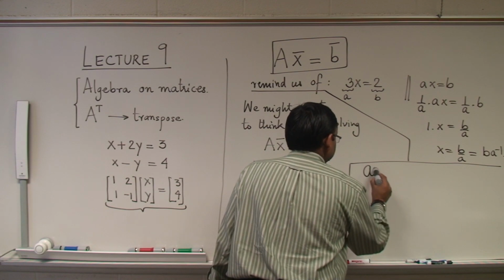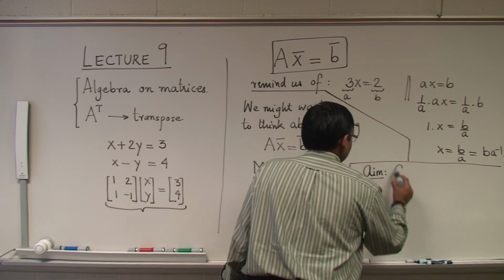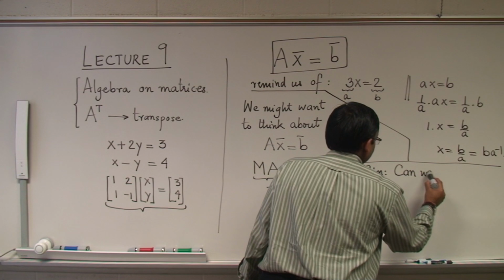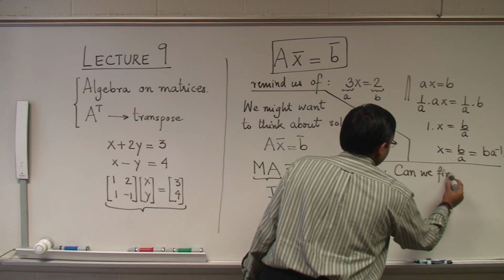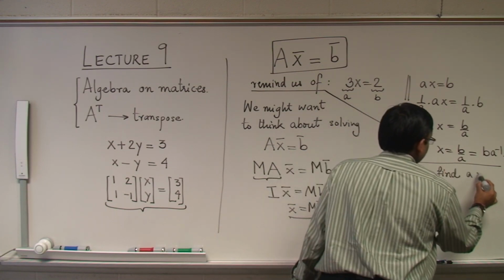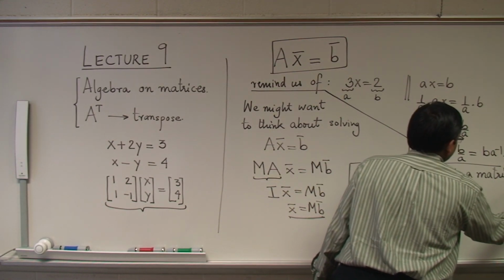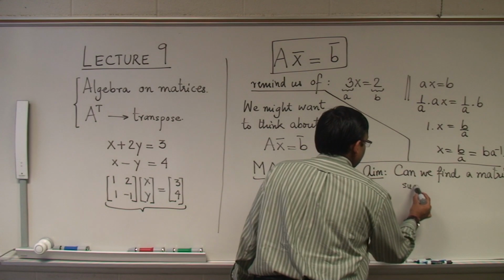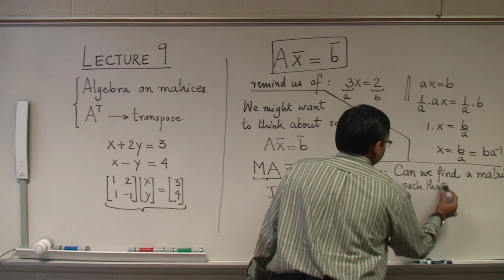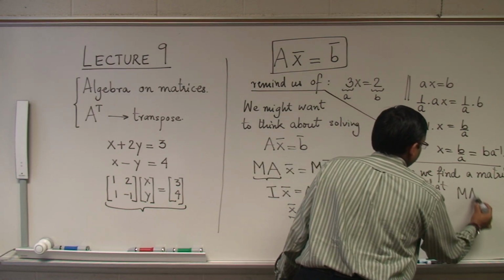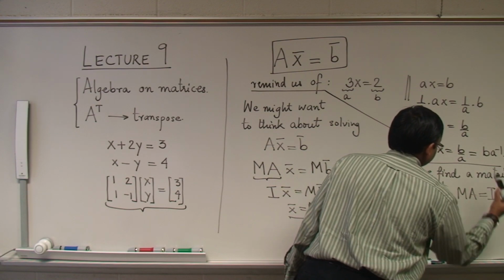This is our aim. Can we find a matrix M such that M times A is the identity matrix?